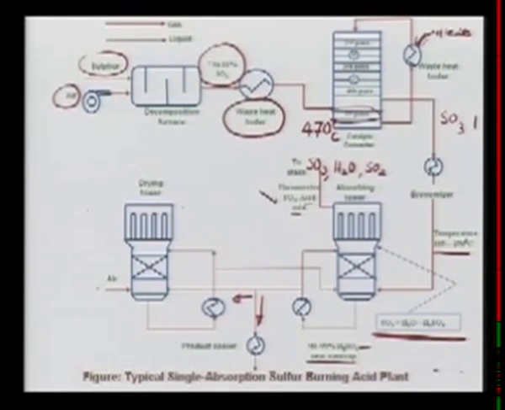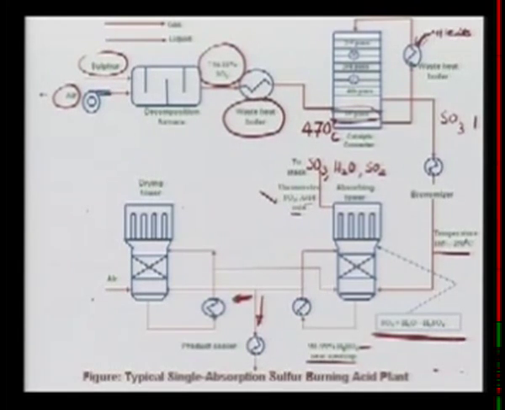We are using air in the process, but where is this air coming from? Air is coming from after drying in the drying tower. So we use the sulfuric acid for drying, and this is the stream which is going.